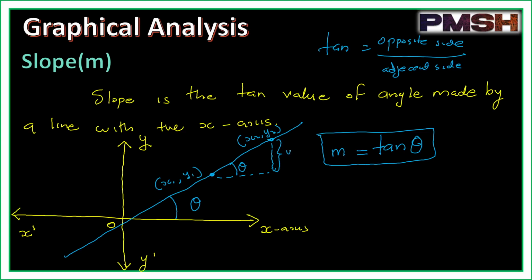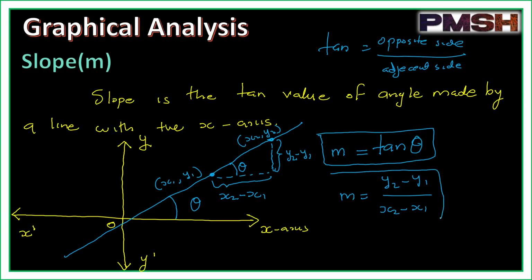That will be equal to y2 minus y1. And the adjacent side will be x2 minus x1. Clear? So what is m? m is tan theta. Tan theta means opposite by adjacent, which is y2 minus y1 by x2 minus x1.